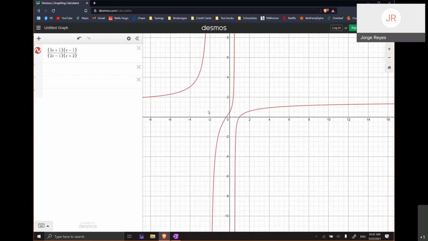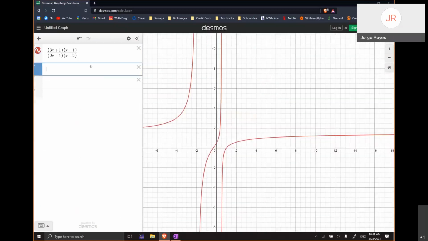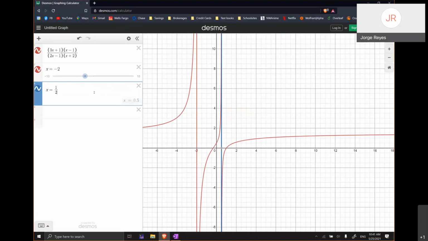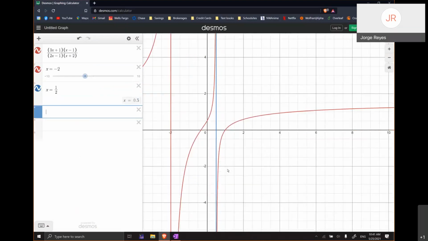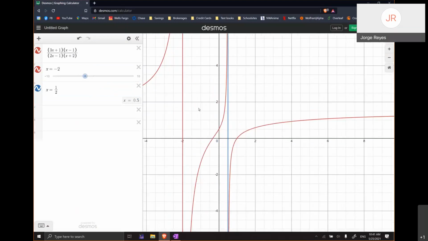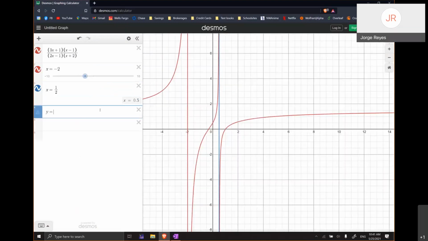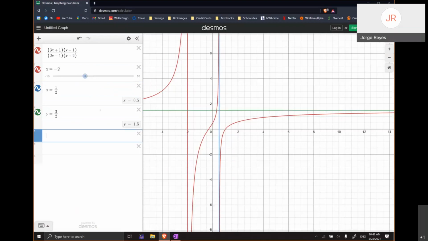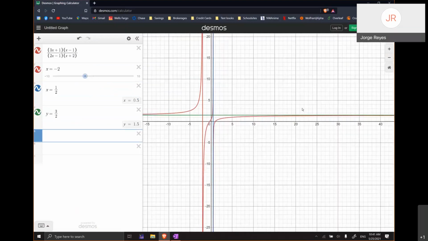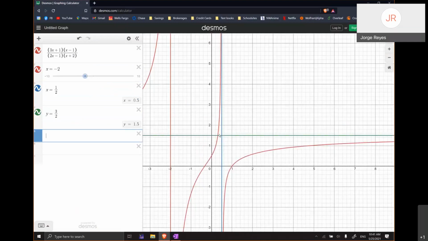And we see that, yeah, okay, I'm basically right. So x equals -2. There's that vertical asymptote, right? x equals 1/2. There's the other vertical asymptote. And y equals 3 divided by 2. And we see there's the horizontal asymptote. And we see that this thing is doing this cubic looking thingy on the inside.